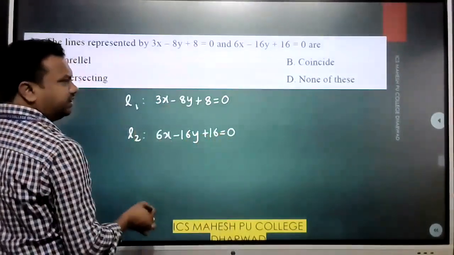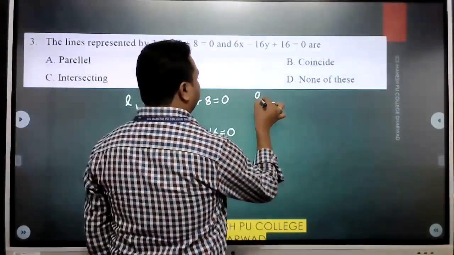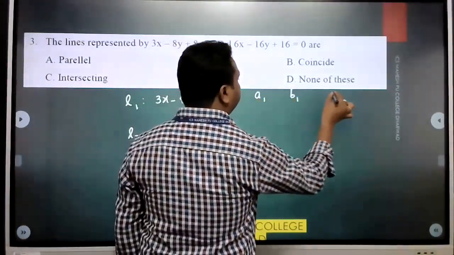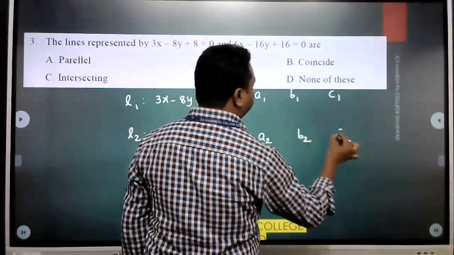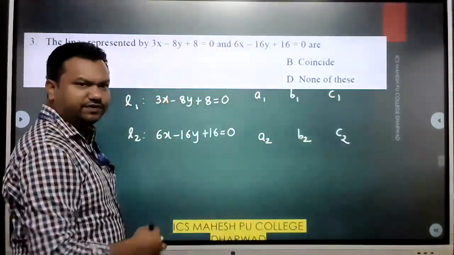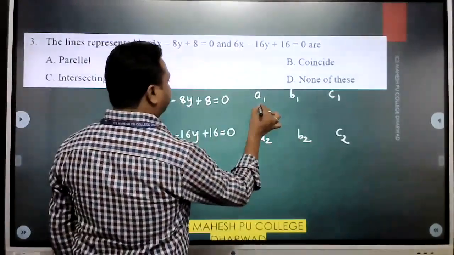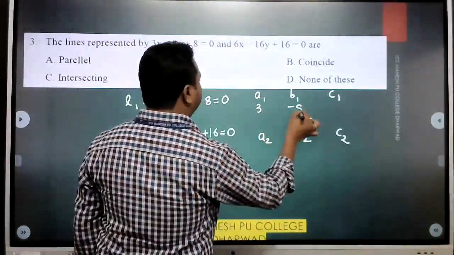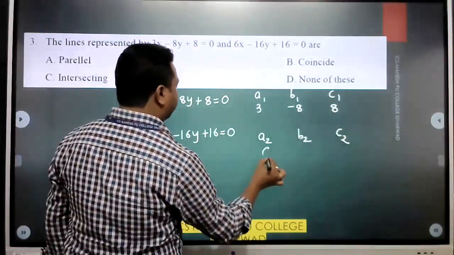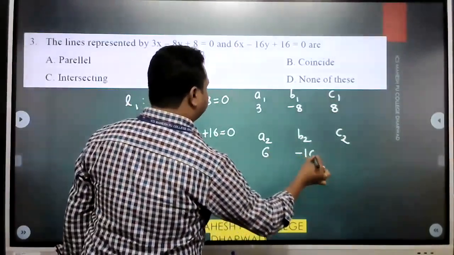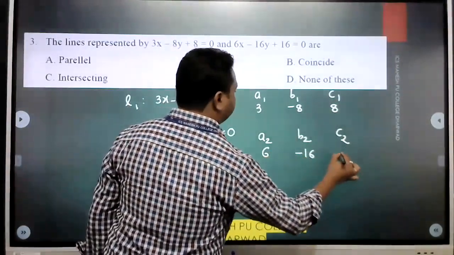Fine. So understand the relation here, right? A1, B1, C1. Here A2, B2, C2. Let us write down these values. Observe, A1 value 3, B1 value minus 8, C1 value plus 8. And here A2 value 6, B2 value minus 16, and C2 value is 16.